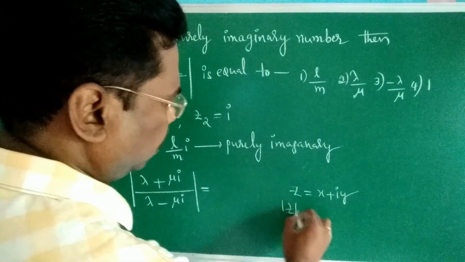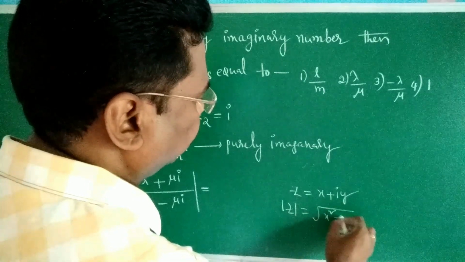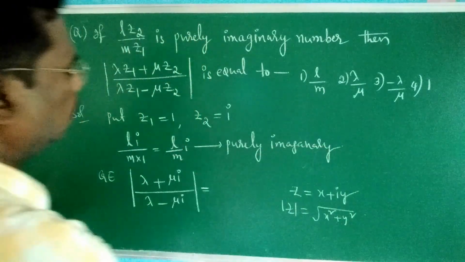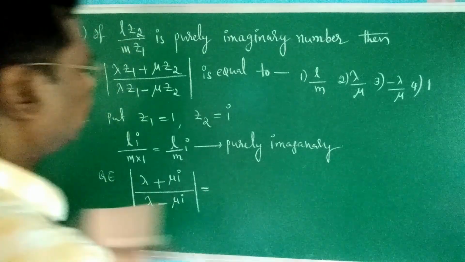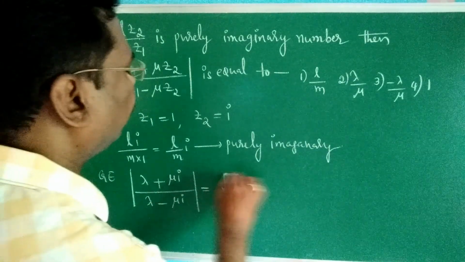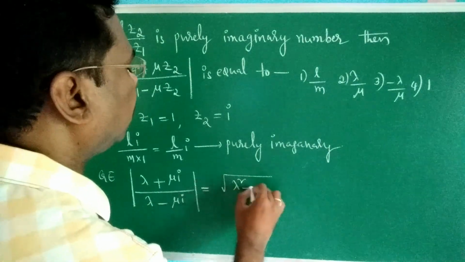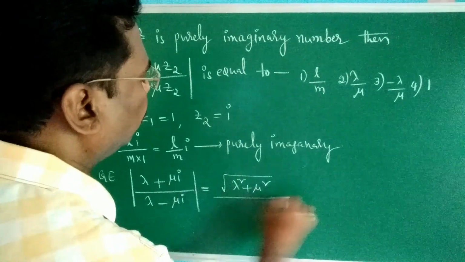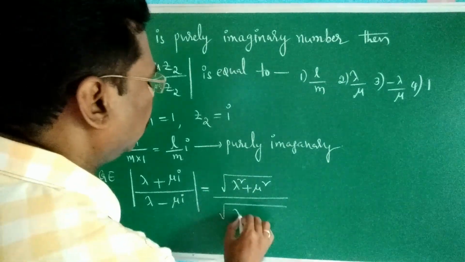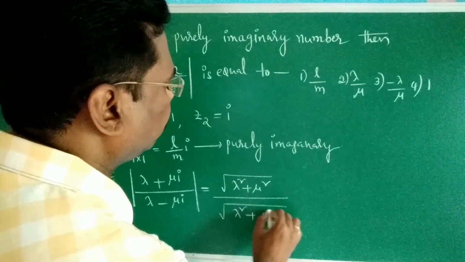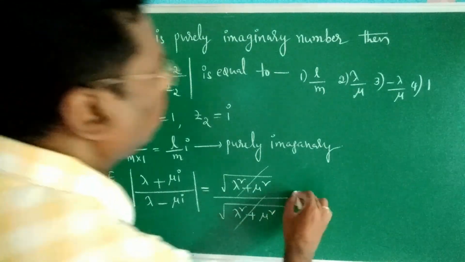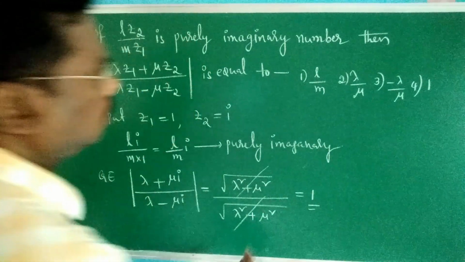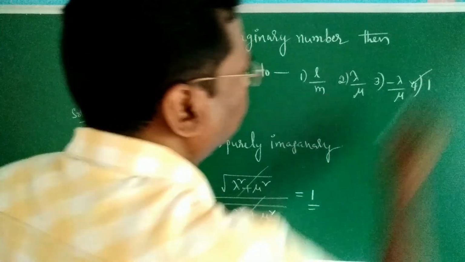Mod Z is equal to the square root of x square plus y square, which is the square root of lambda square plus mu square by the square root of lambda square plus mu square. The value is equal to 1. Therefore, option 4 is the correct one.